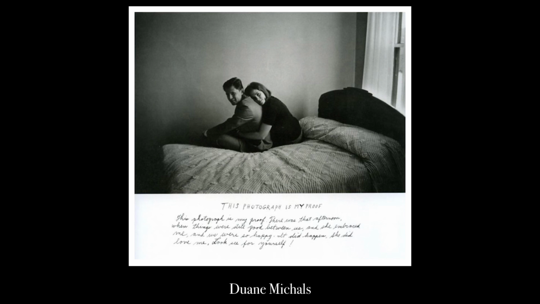So when you look at this, you just see this photograph of a happy couple, and you think, oh, it's a nice happy couple. And then you read the caption, which says, "This photograph is my proof that there was that afternoon when things were still good between us, and she embraced me, and we were so happy. It did happen. She did love me. Look, see for yourself." So then it transforms the way you see the photograph. It really becomes about loss, and not about happiness per se.